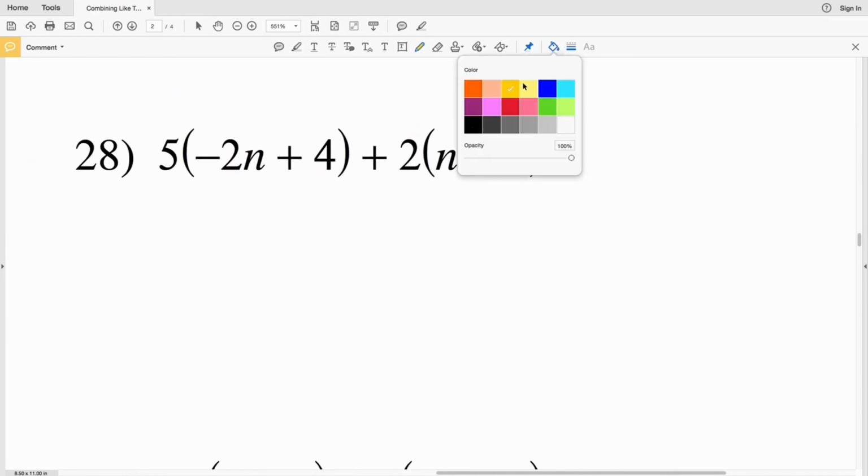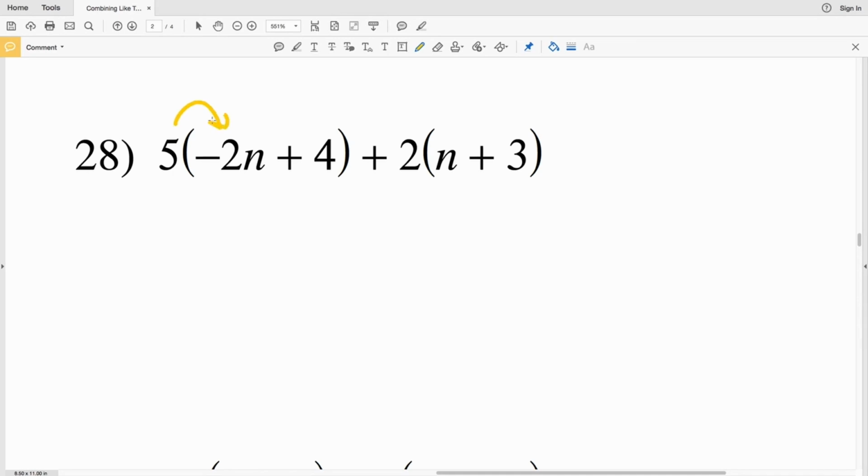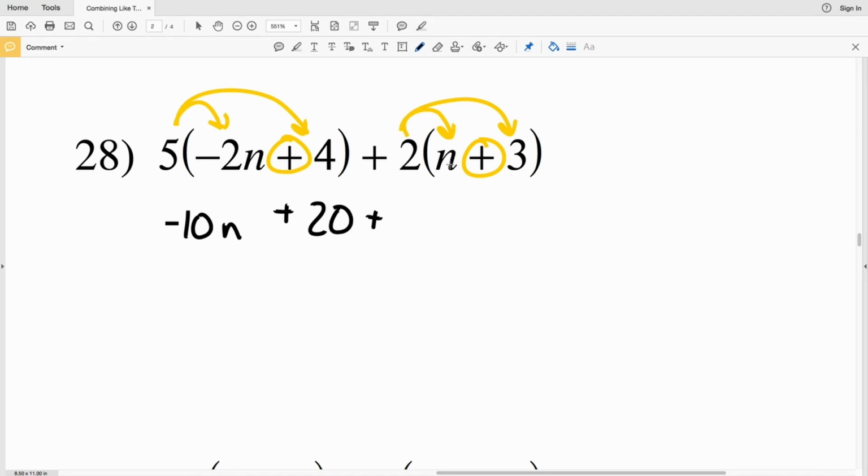And 28, again, we're distributing. 5 times negative 2n is going to give us negative 10n. 5 times 4 is a positive 20. Plus 2 times n is 2n, plus 2 times 3 is 6. So as opposed to writing that all out, I just did the multiplication in my head and then wrote it down.